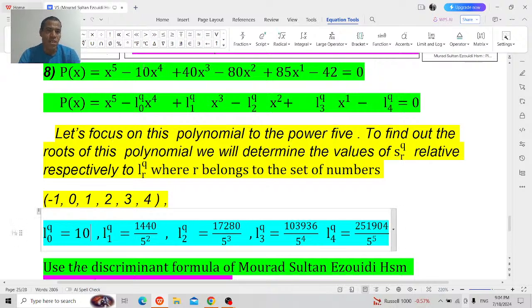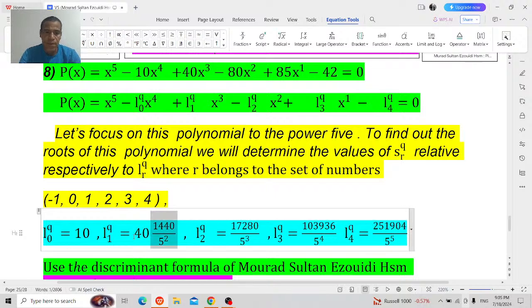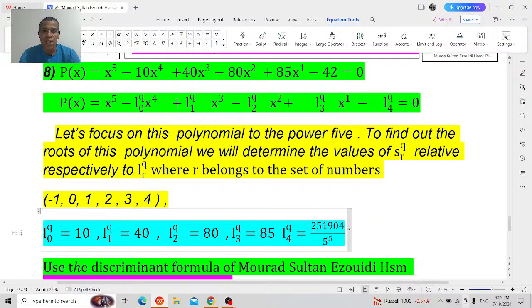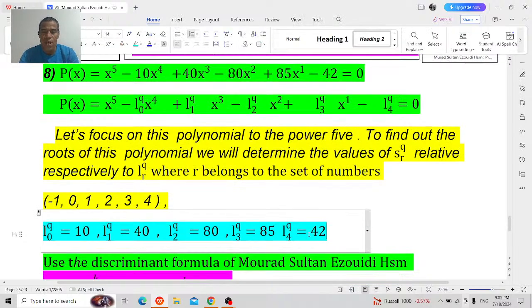L0 equal 10, then L1 equal 40, L2 equal 80, and L3 equal 85, and L4 equal 42.